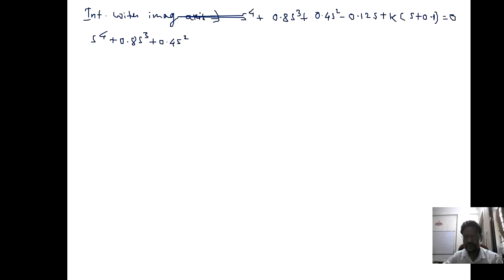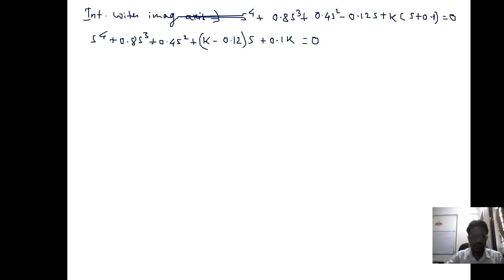I take s as common, so we get plus (K minus 0.12) s. This is the coefficient of s, and the constant term is 0.1 K, plus 0.1 K equal to 0.